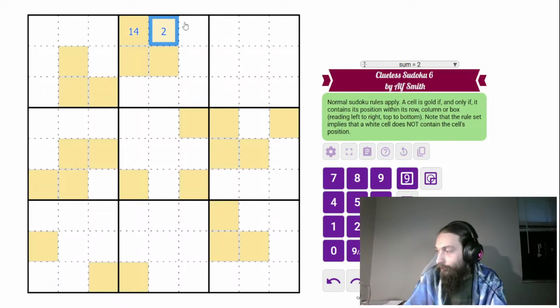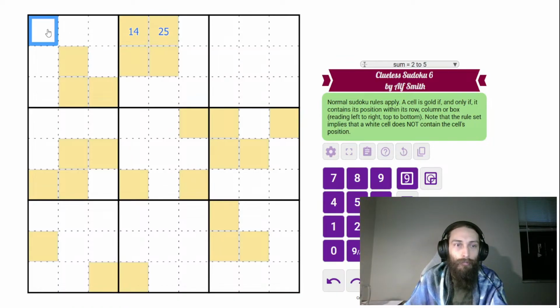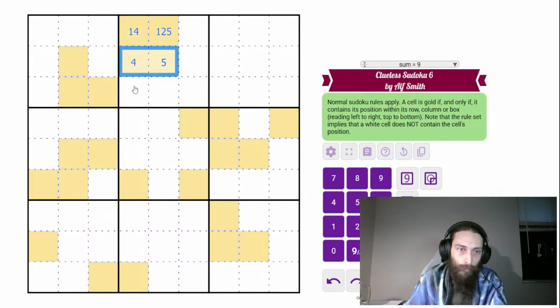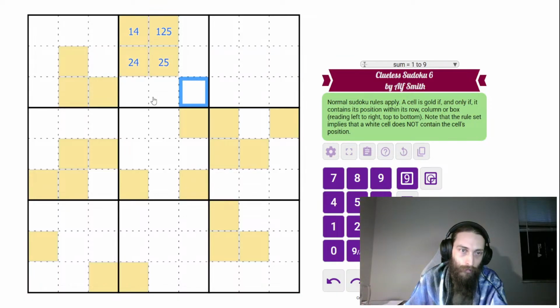And then position 2 in the box. Okay, Joseph Pratt is saying that's correct. So this is position 2 in the box, position 5 in the row, and position 1 in the column. Okay. So position 4, position 5, and then columns, these are both position 2, and then in the row, 4 and 5. Okay.